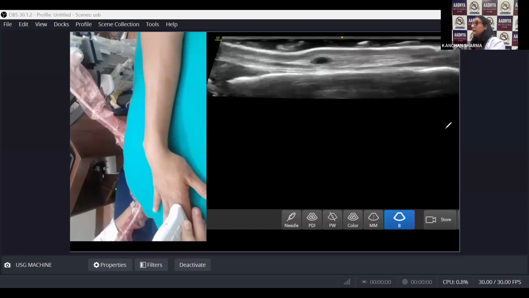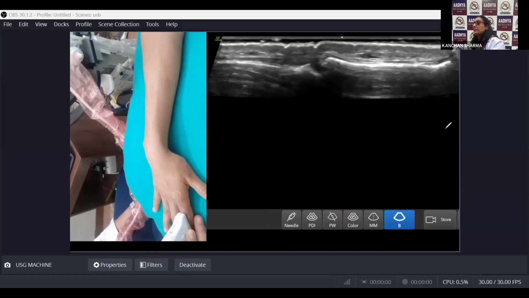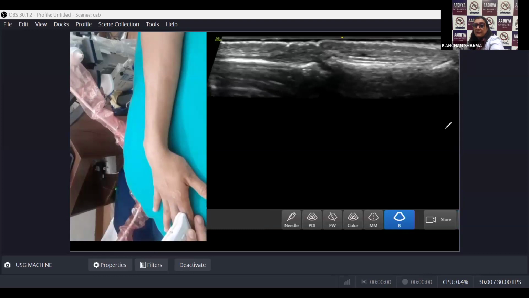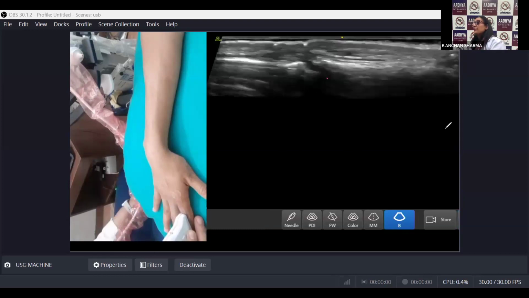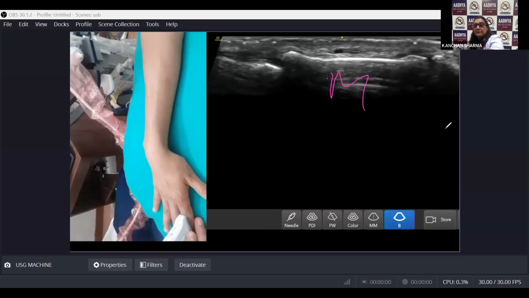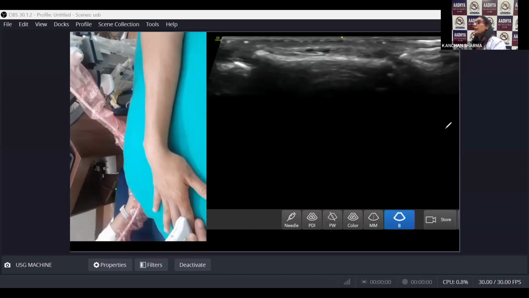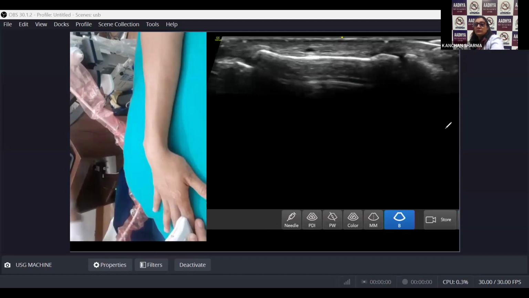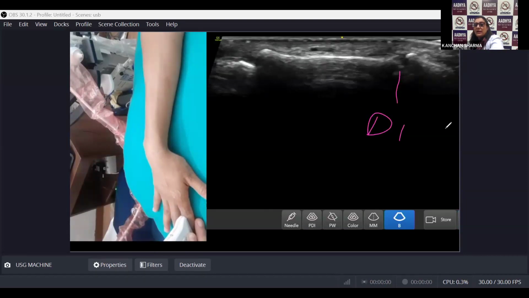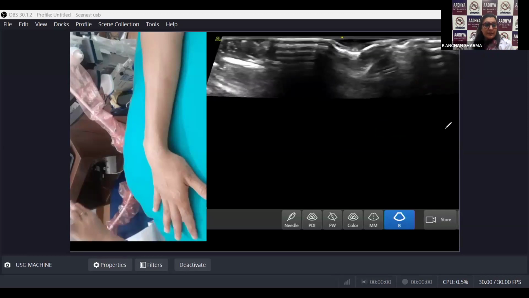Now I have come to the proximal phalanx, finished the proximal phalanx. Now the center is my PIP. This is what I have shown you. So if I go more, I will be just seeing the middle phalanx. And if I slide my probe more, I will be able to see the DIP. I hope this much is clear to all of you because this is very important, right?